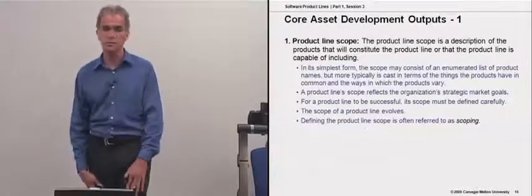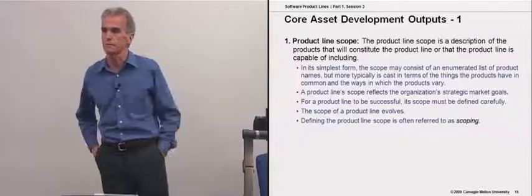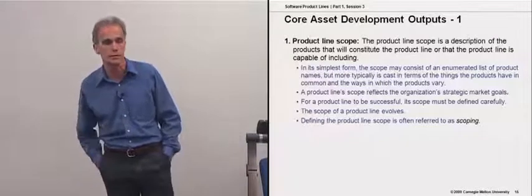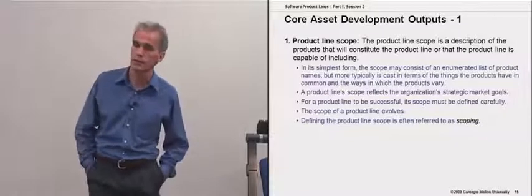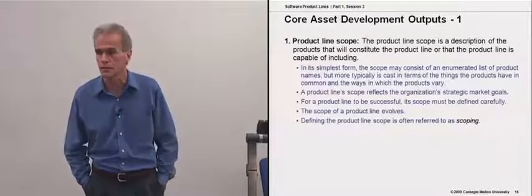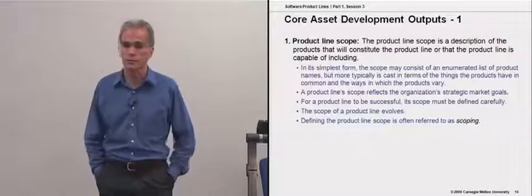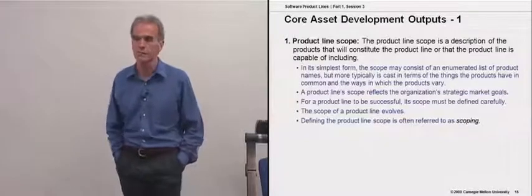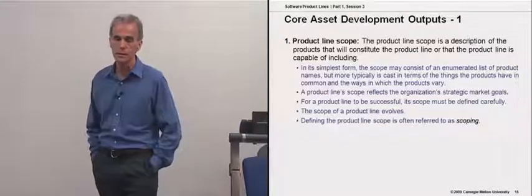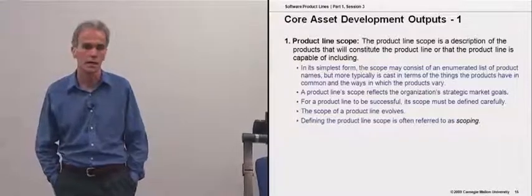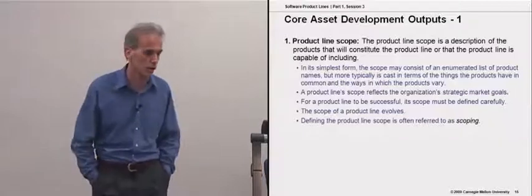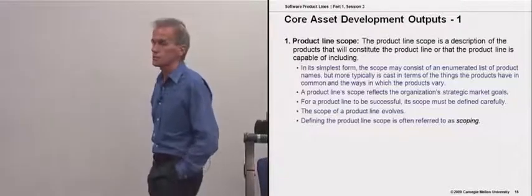The product line scope, the set of products that ought to be built as a product line or that are being considered as a product line, might simply start out as a list of the 5 or 10 or whatever existing products we have in the marketplace already. So you look at those and you look at the capabilities that they provide, and you also look at what's common and variant across those capabilities.